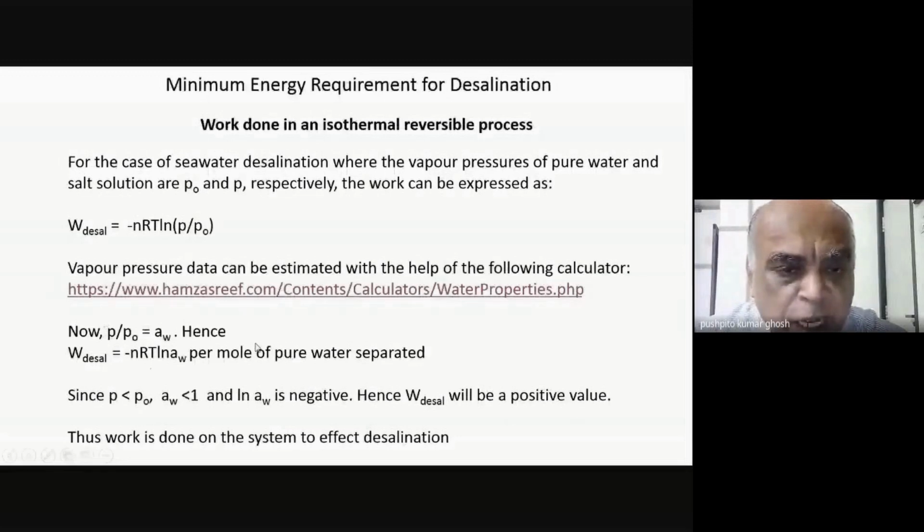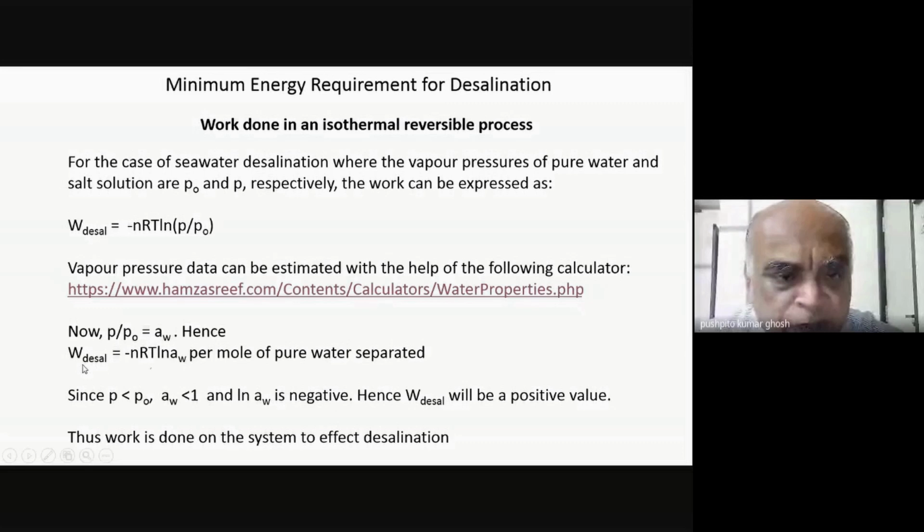So I can equivalently write this as minus RT ln aW. Now, sometimes you will find there are tables which give the water activity data. Or, as I said, if it's not available, just go and get the vapor pressure data, and obtain the water activity from that.